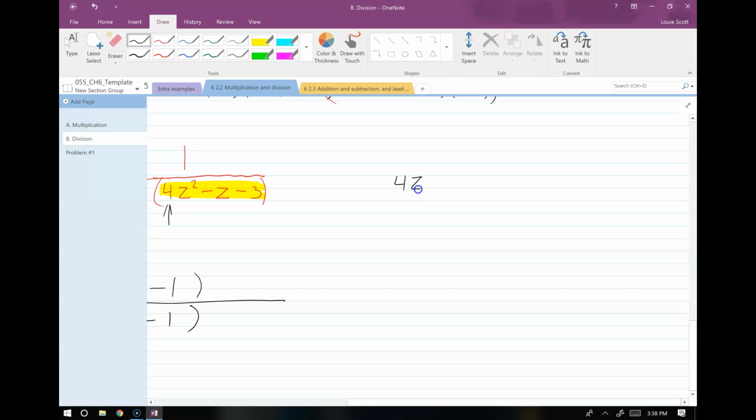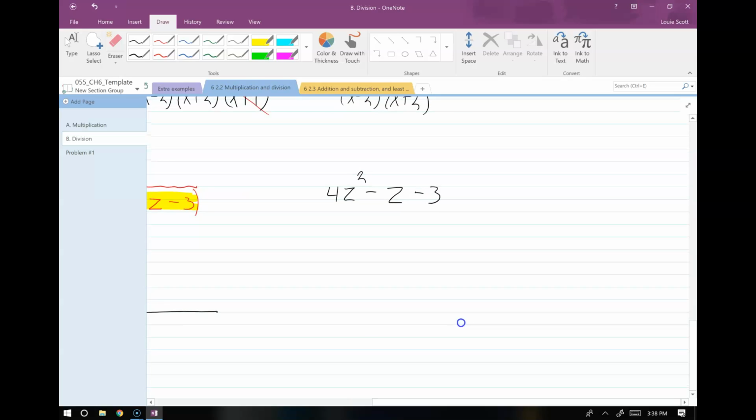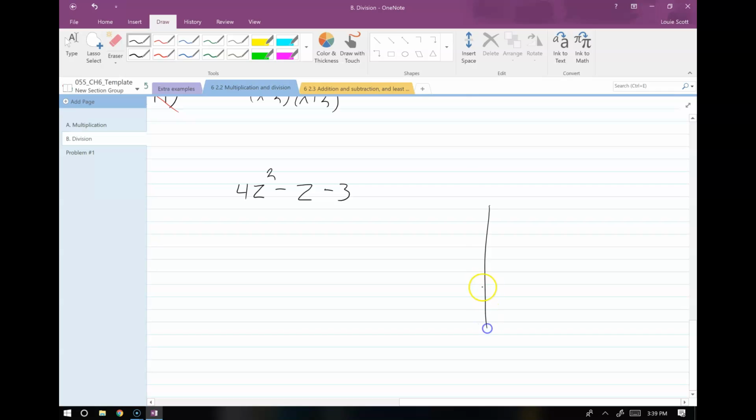4 times negative 3, right? Okay, yeah, so we're going to do the table. And so just like you said, over here we do A times C, which in this case is 4 times negative 3, which gives me negative 12. So the middle coefficient is negative 1.